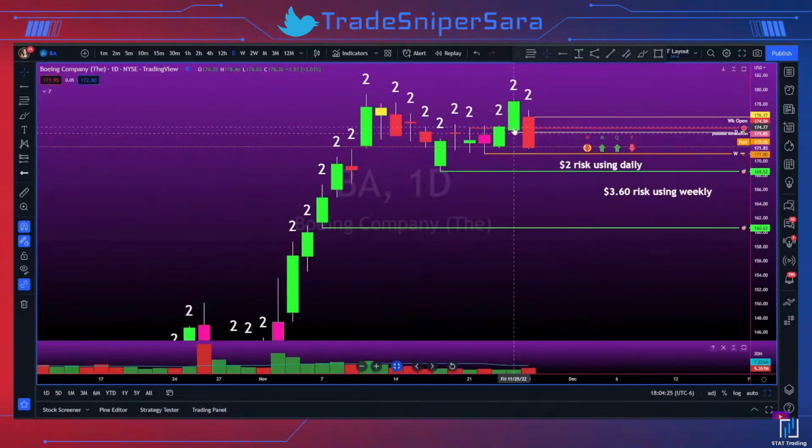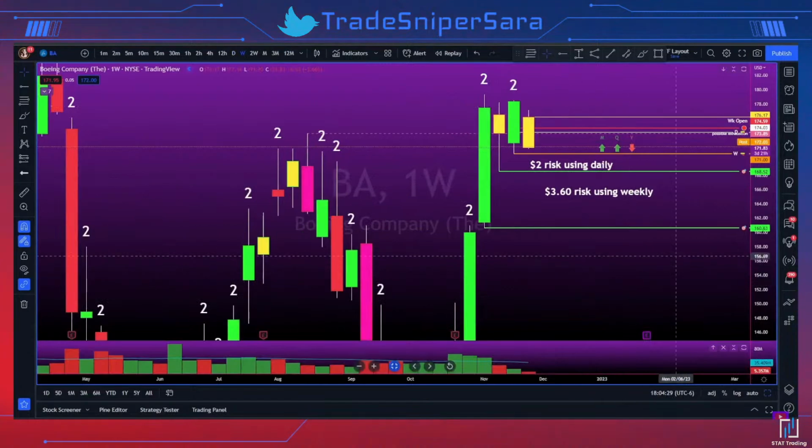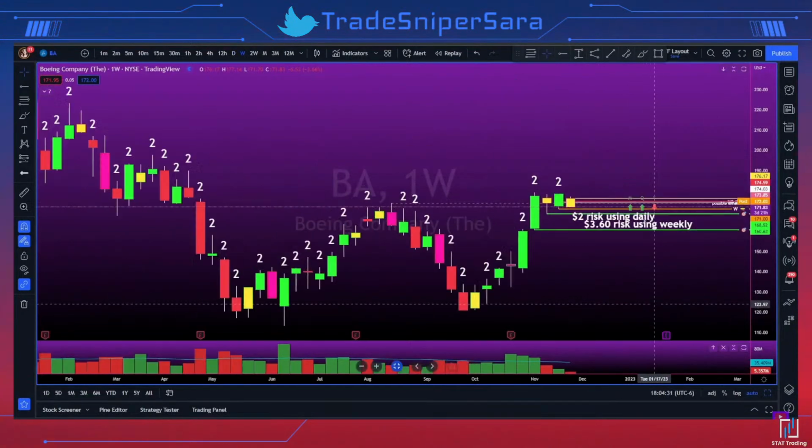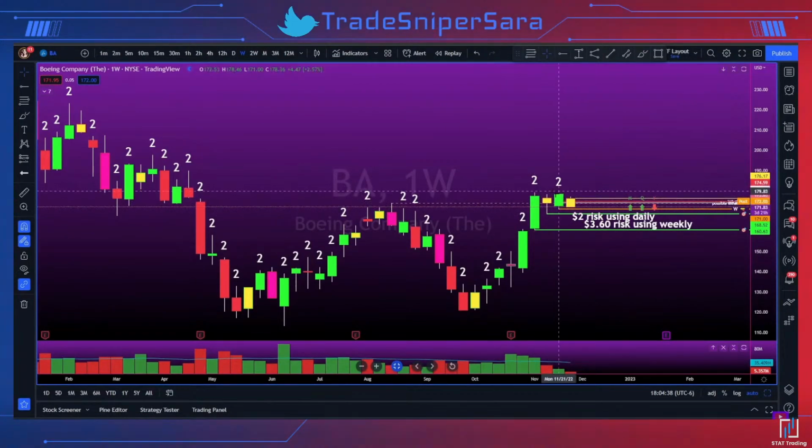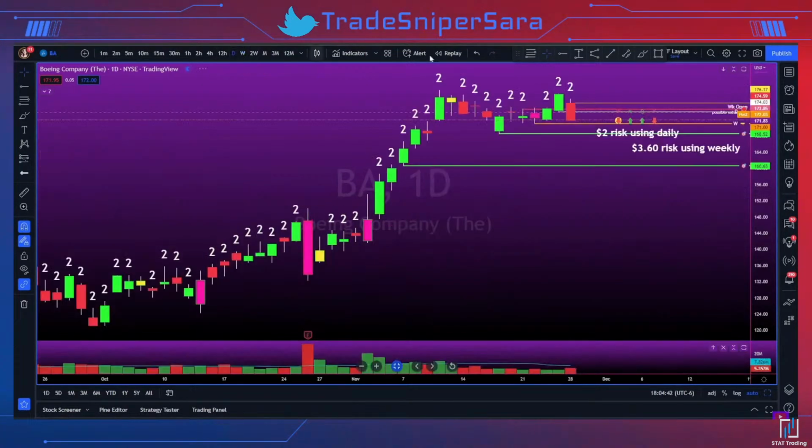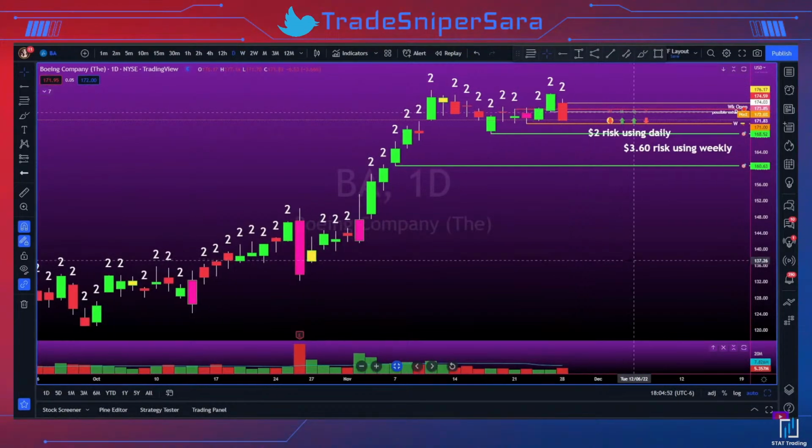So I am always looking for reversals to trigger my reversals. So yes, I have a potential weekly reversal, but I don't want to enter only on the weekly time frame. I want more control. So I go to the daily and I look for a 2 up, 2 down. Boom, I'm entering. So less risk, but more reward.